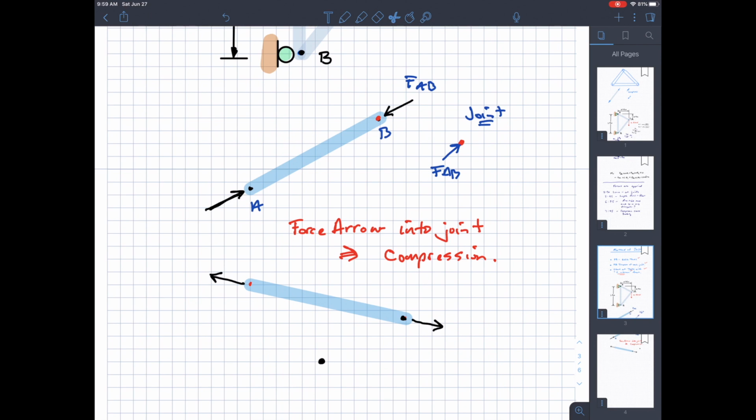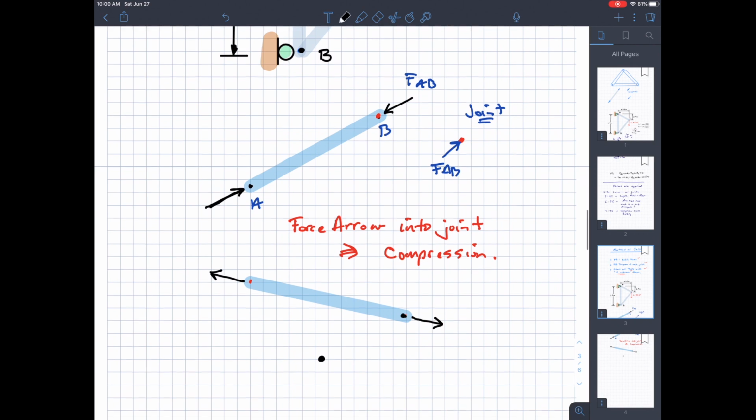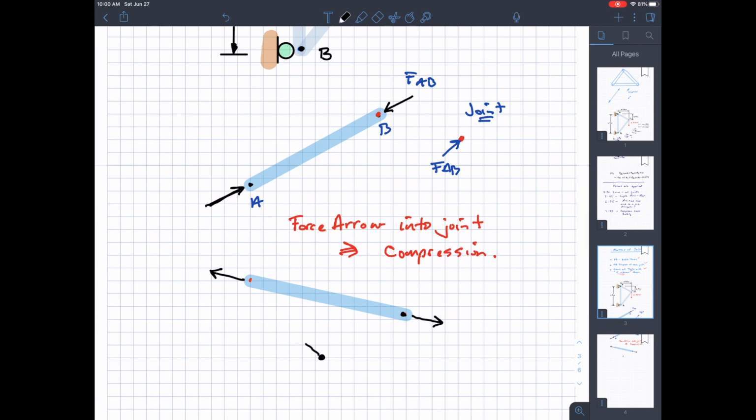here's the free body diagram of the joint. If I have an external force pulling on the member, then what's going to happen at the joint? Well, because this is under tension, this is going to pull at the joint, so moving away from the joint.